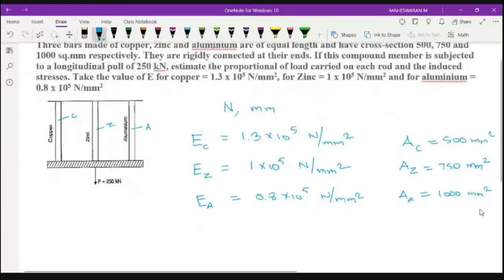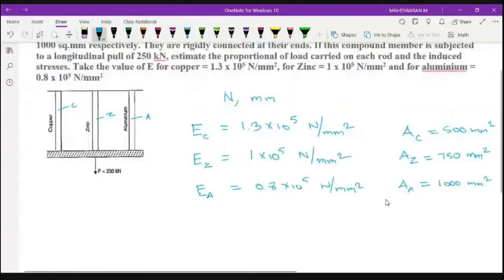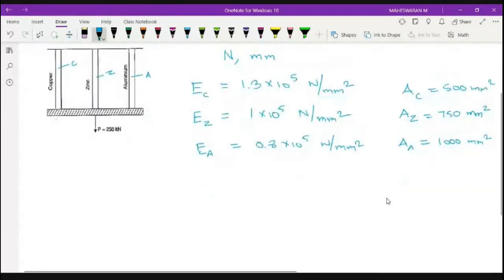Since you have three different materials, your force will be distributed. So the first thing is related to force: force P is equal to PC plus PZ plus PA. This is my first equation.